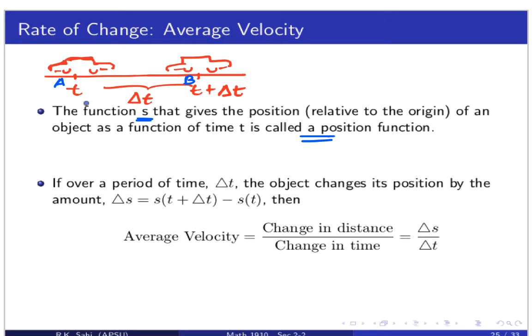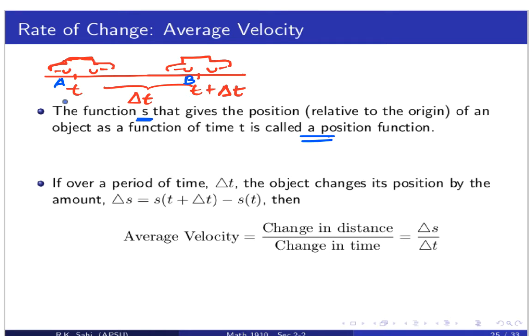So we're just looking at the movement of the car from position A to position B, and that is being represented by s over here. Now, over a period of time, say delta t, that means movement from t to t plus delta t, this object here, our car, changes its position by the amount delta s.